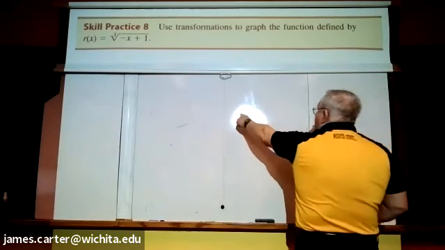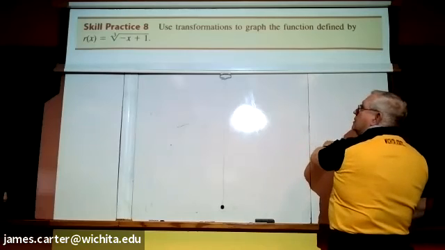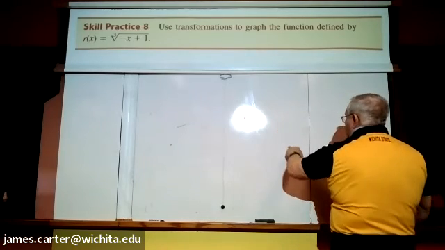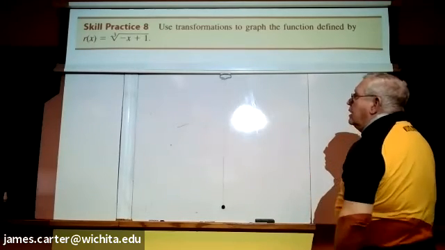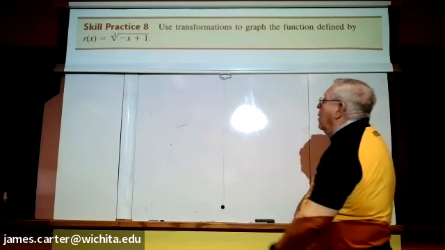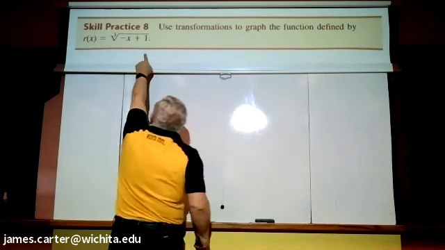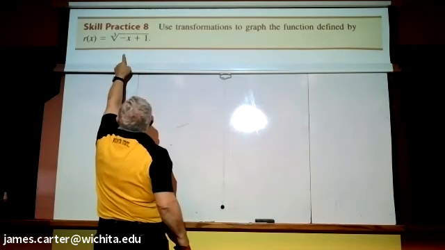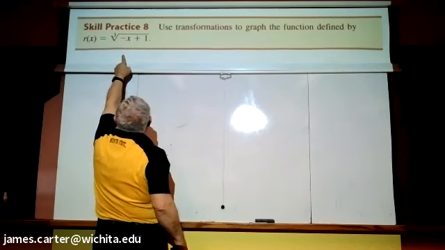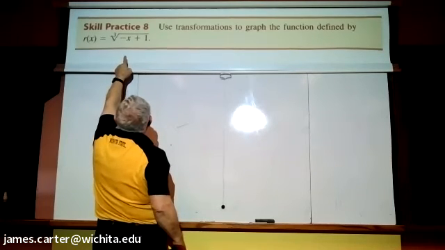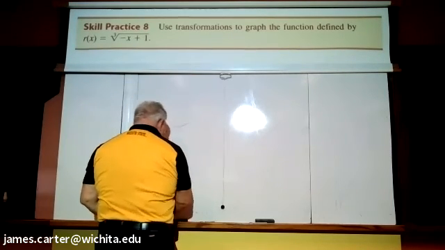It's going to be a graph that's going to look like this. Now what's going to happen? It's going to be shifted one place right and flipped across the y-axis.